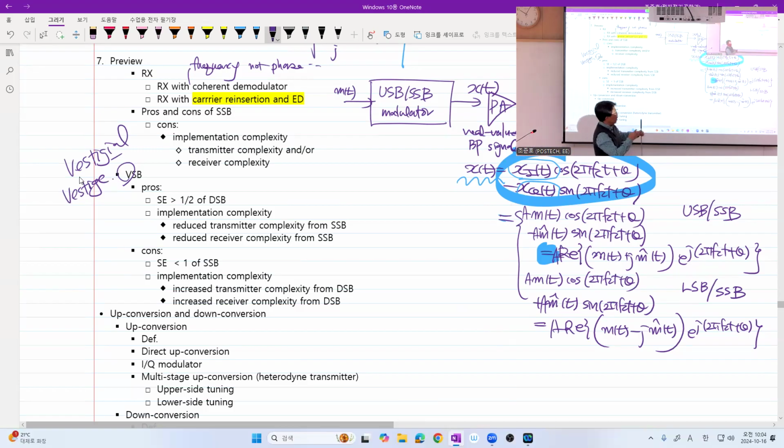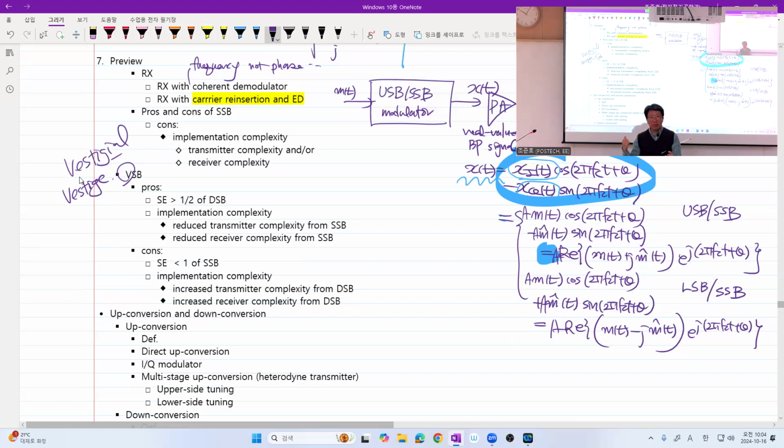So as we've already seen, the SSB is theoretically good, but for implementation, sharp cutoff. So people devised an interesting method to compromise the performance and spectral efficiency, or complexity and spectral efficiency.